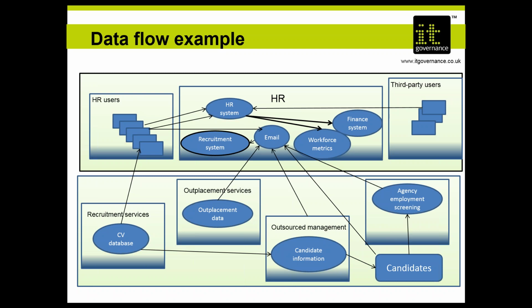You've got outplacement services sending emails with data in. You've got outsourced management companies sending candidate information in. You've got candidates sending information direct and via agencies. A number of different ways in which data is coming in, a number of different users of that data, and a number of different places the data is going to.